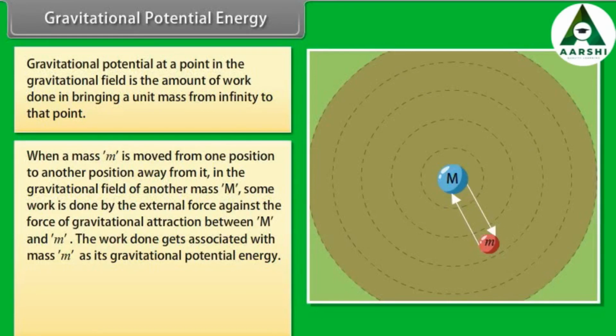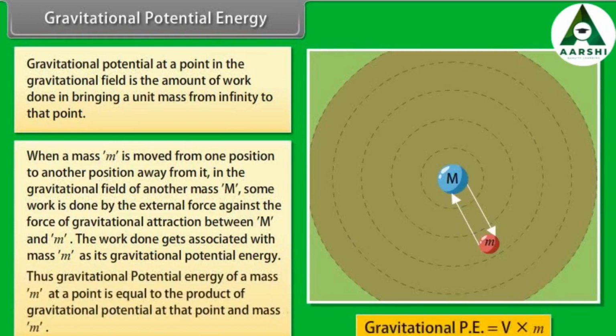The work done gets associated with mass m as its gravitational potential energy. Thus, gravitational potential energy of a mass m at a point is equal to the product of gravitational potential at that point and mass m.